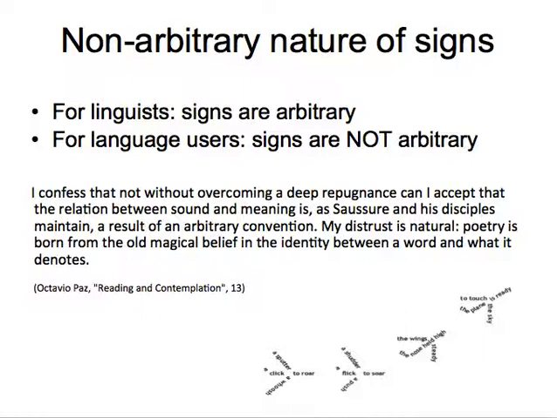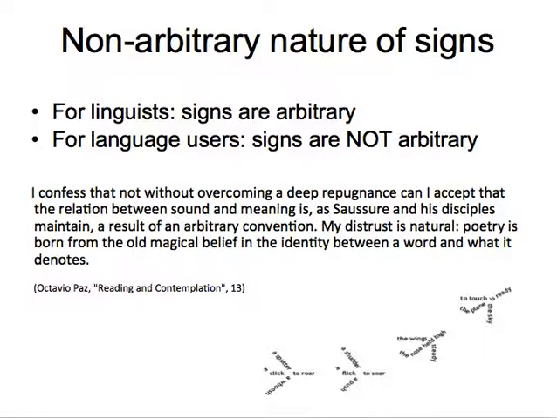For linguists, they tend to hold very dearly the notion that the relationship between signs is random or arbitrary. It could be anything. For language users, it's interesting that we tend to think there is a closer relationship. Here's a quote from Octavio Paz.